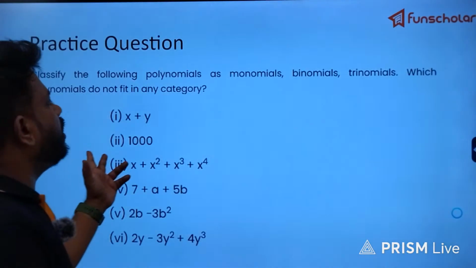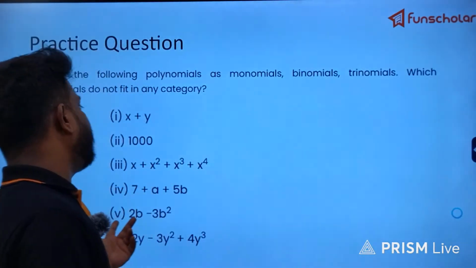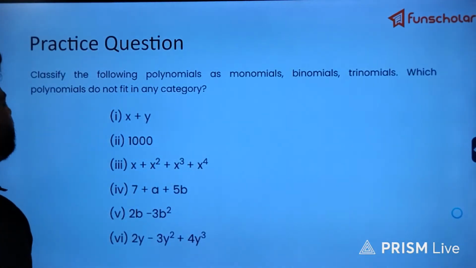Classify the following polynomials as monomial, binomial, trinomial. Which polynomial does not fit in this category? Okay, so do it.